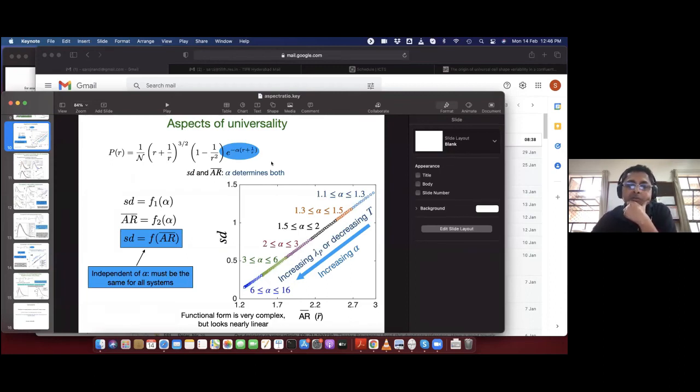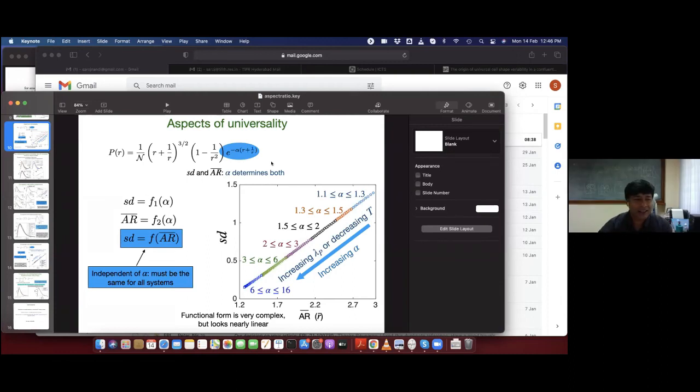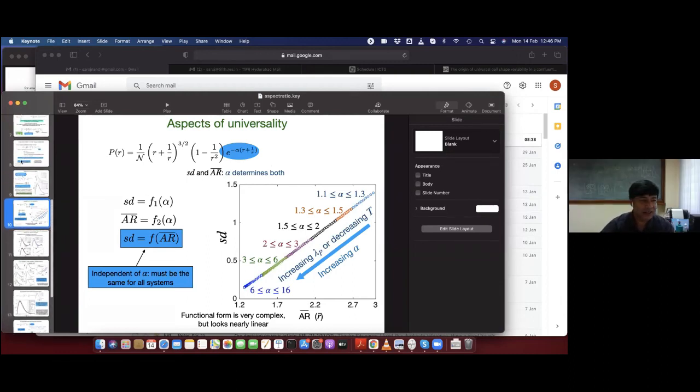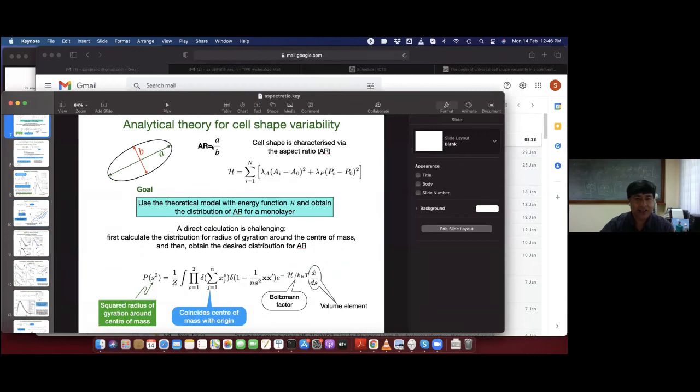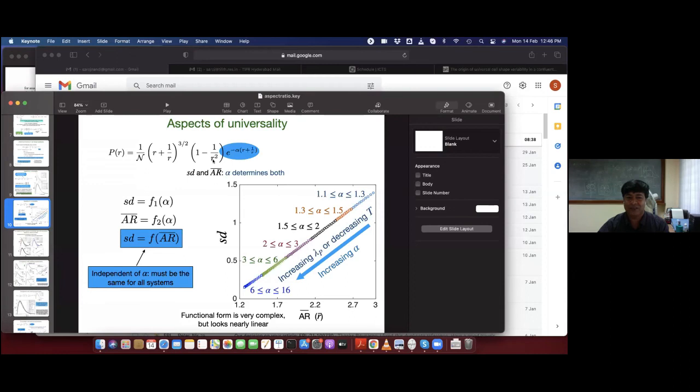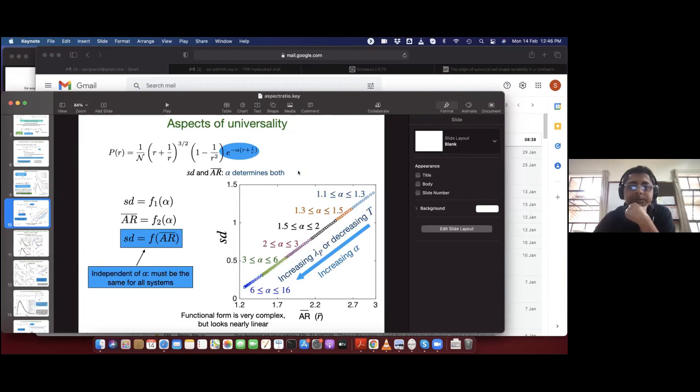Isn't there a problem with that distribution? Well, r is defined as the long axis divided by the short axis. So the minimum value is 1. It starts from 1 and it can become infinity. So that problem does not arise here, because r starts from 1 and goes to infinity. Okay, yeah. Okay, thank you.